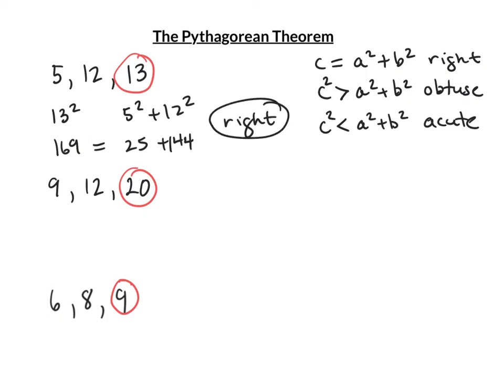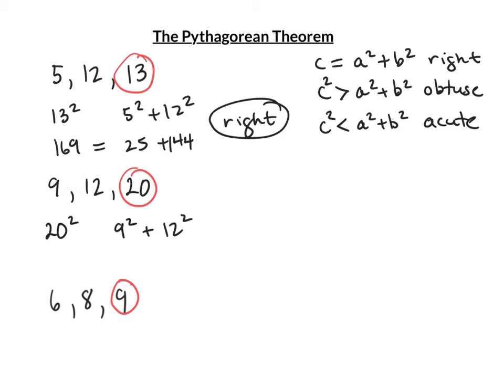On the next one, I'm going to compare my c, 20 squared, with 9 squared plus 12 squared. I do want to point out, you need to be careful that it's actually a triangle. Remember the triangle inequalities theorem that said the sum of any two sides must be greater than the third? 9 plus 12 is greater than 20. The two smallest sides must be bigger than the biggest side. So this is a triangle.